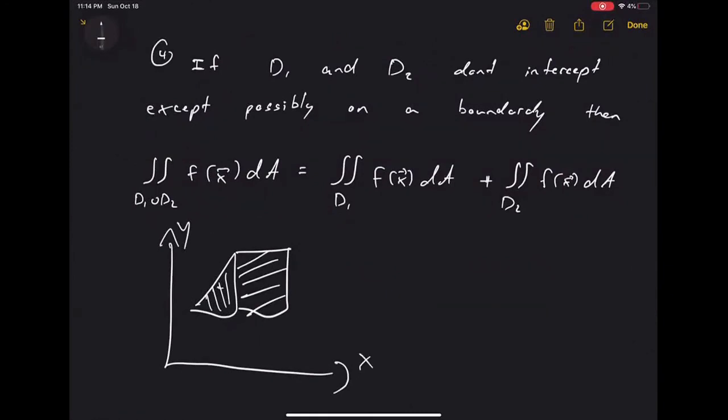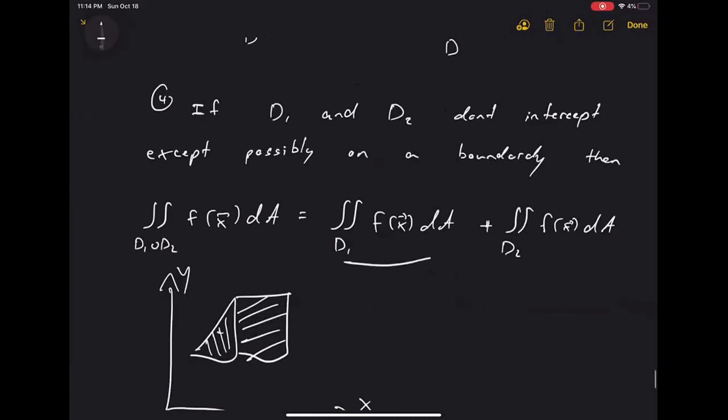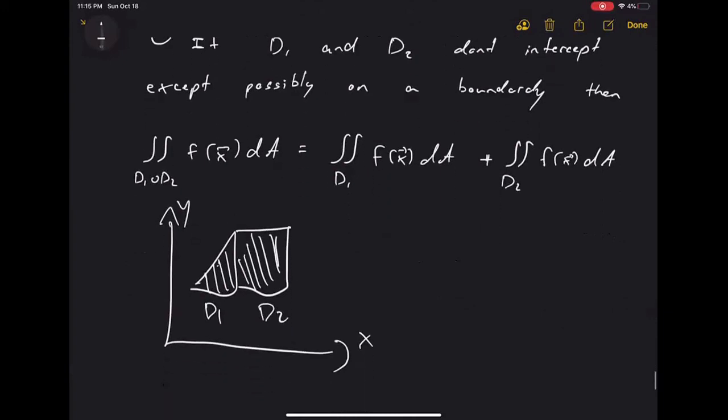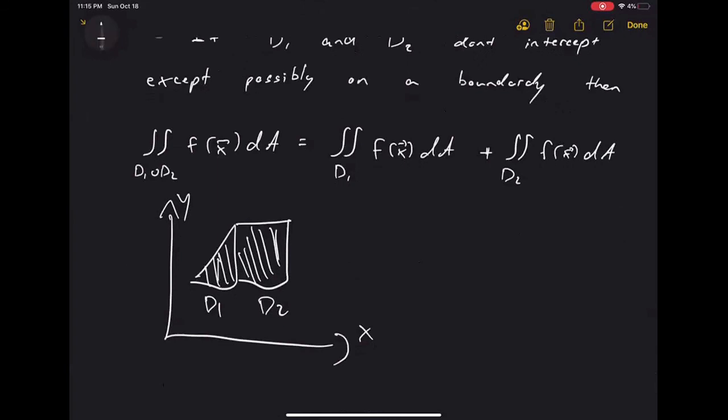Well, maybe integrating on this entire thing all at once is difficult, but this property says you can just split it up into the two separate integrals. So you can integrate here on D1 first and get a number. Then you can integrate separately on D2 and get a number. And then you add them together and you get the entire integral.